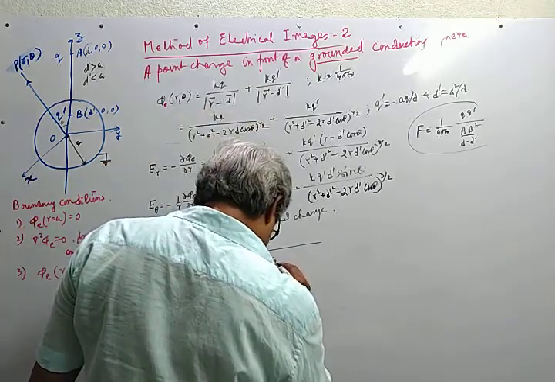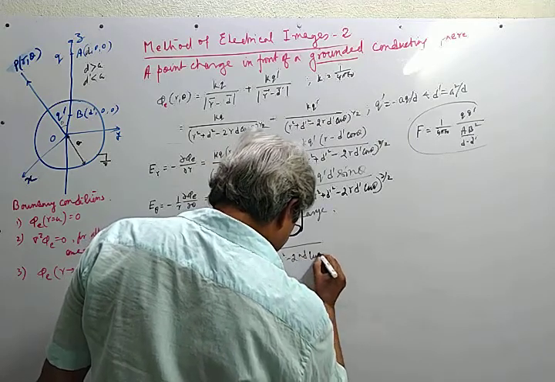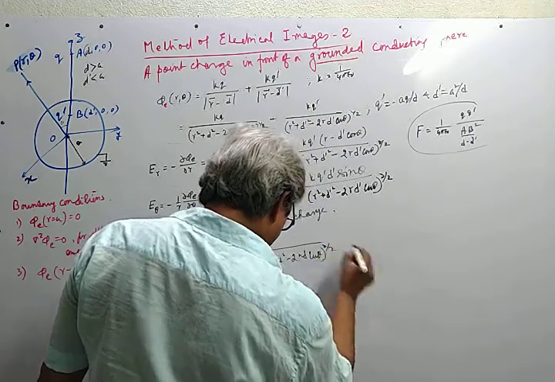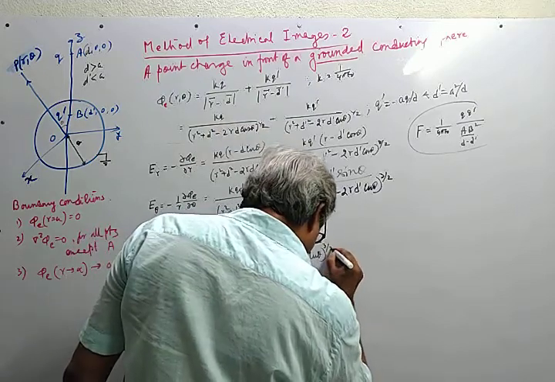So it is a square plus d square minus twice AD cos theta to the power 3 by 2 in the denominator.